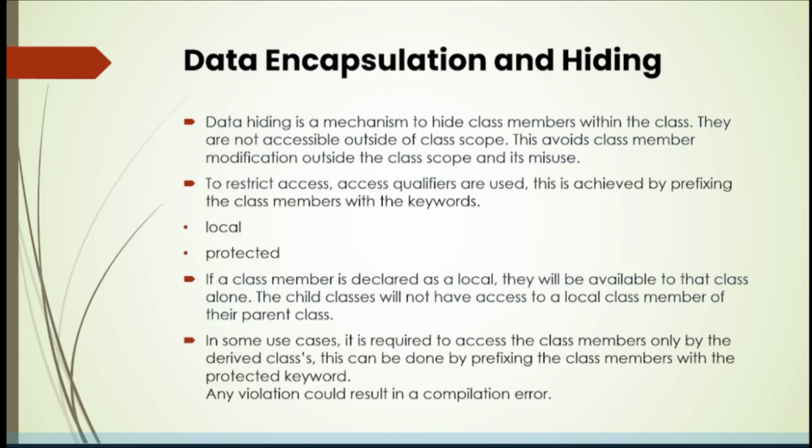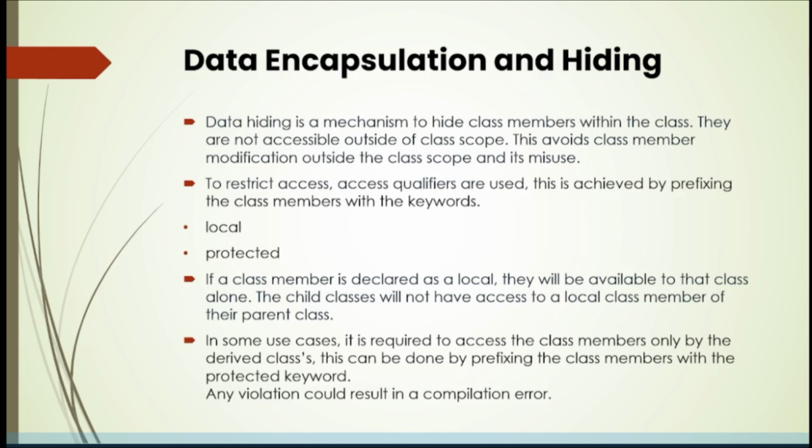Now, what is encapsulation and why do we need it? By using properties of classes like inheritance, polymorphism and abstraction, you know that all members or properties inside the class can be accessed with the class handles of the child classes. So by using the child class, you can access all the members or properties of the parent class.